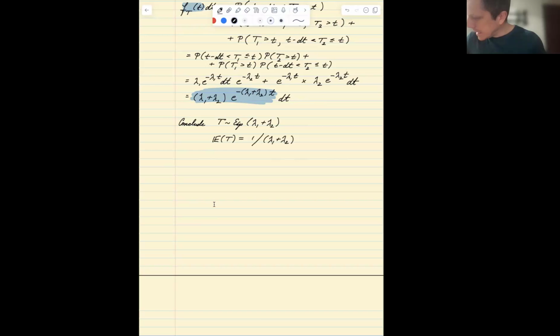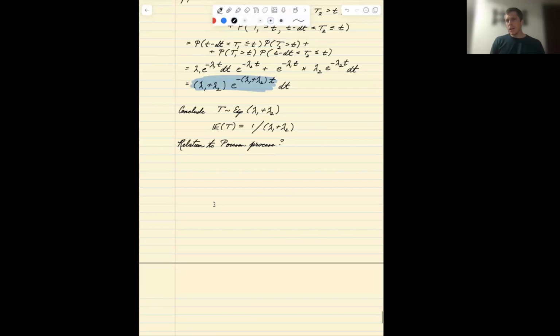How can we relate this to the Poisson process? Well, presumably, once the component fails, we're going to replace the component, right?